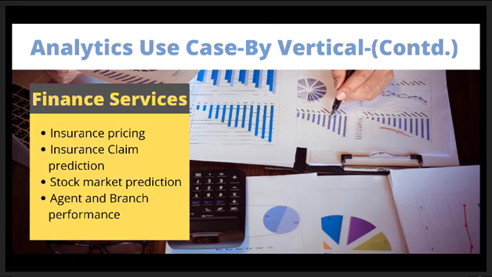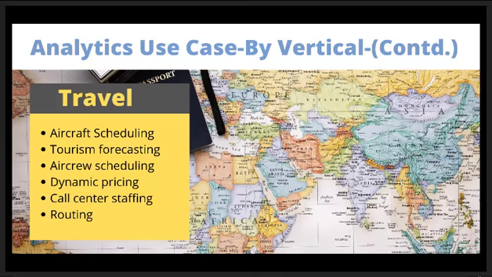Among the applications of analytics in travel are basic things like tourism, focusing at the national level. Many countries are investing in tourism and they have to plan for the arrival of tourists so that they are taken care of, so tourist forecasting based on weather, etc. is one place where analytics is deployed.